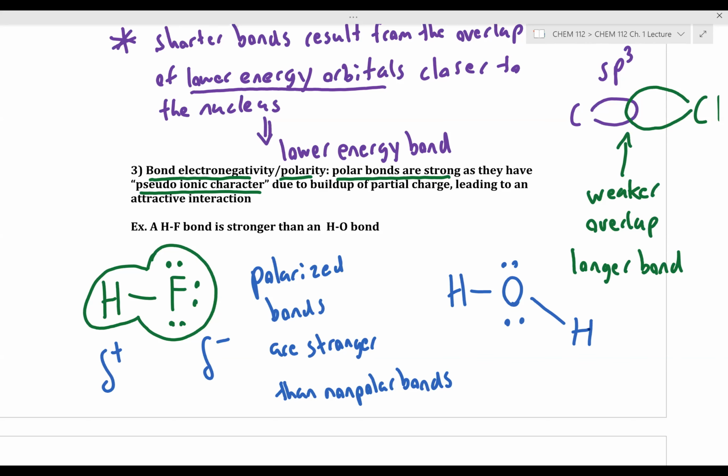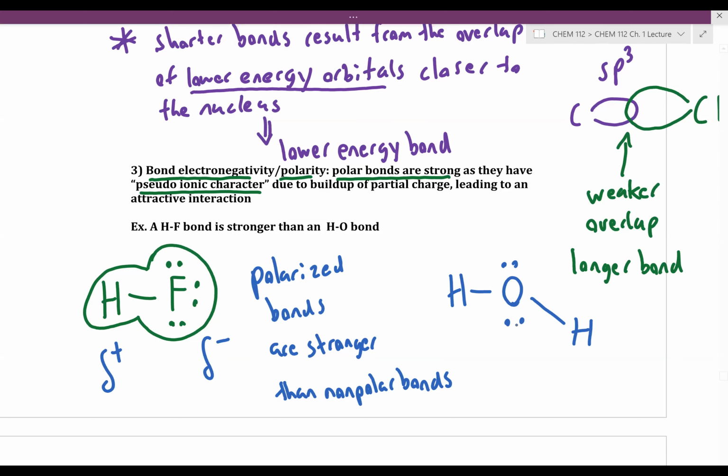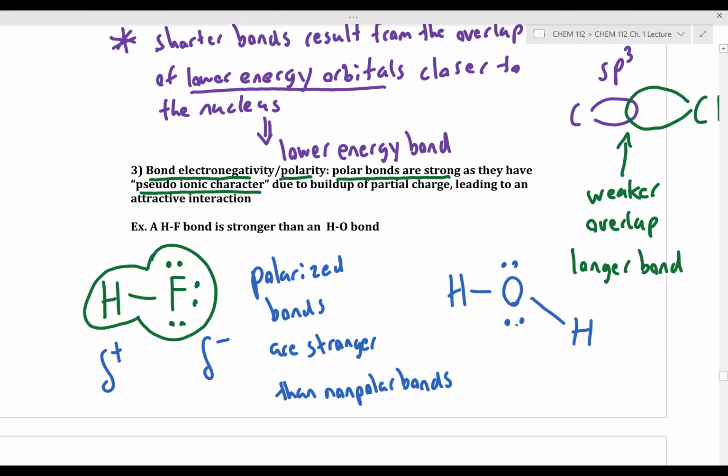No. So then we still generate a delta minus, but I'm going to draw it a little bit smaller, to reflect the fact that it's a tiny delta minus and a smaller delta plus. So your bond is less polarized, so overall it has less ionic character, and it's in turn a slightly weaker bond. Does that make sense? This is a relatively minor factor, but it does come up. Any questions on these factors?